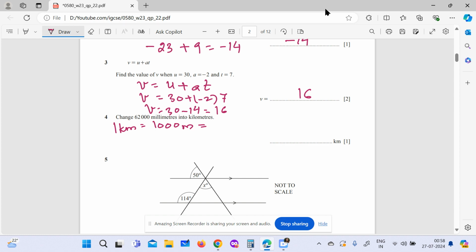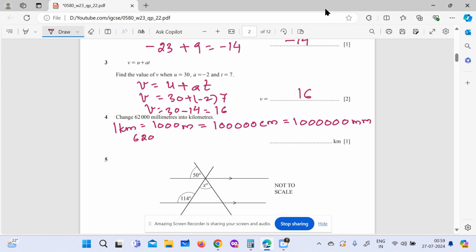So these 1000 meters can be written as 100,000 centimeters. Then we can convert centimeters into millimeters. We multiply by 10 here and then you get 1 million millimeters. Now this makes your work easier. Just divide 62,000 millimeters by 1 million and you get your answer.